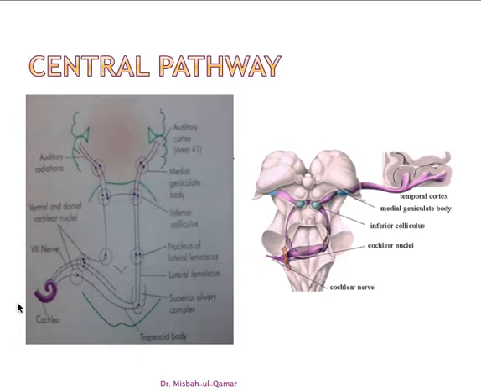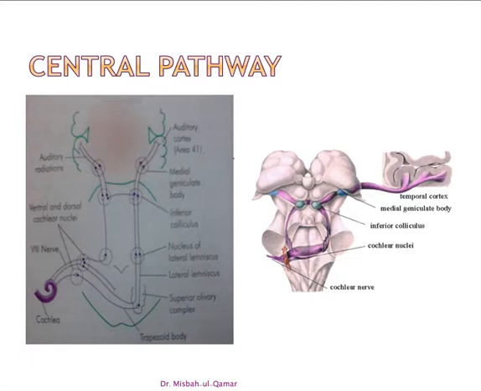Now, the neurons of cochlear nuclei form the second order neurons of pathway. Here, the second order neurons lie. Now, the axons of second order neurons pass through a complex pathway because it runs in four different directions.